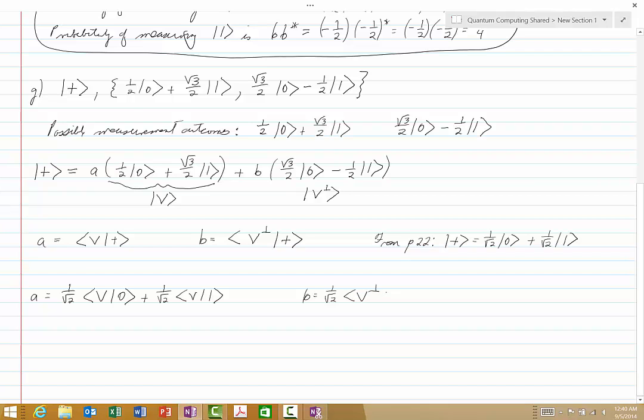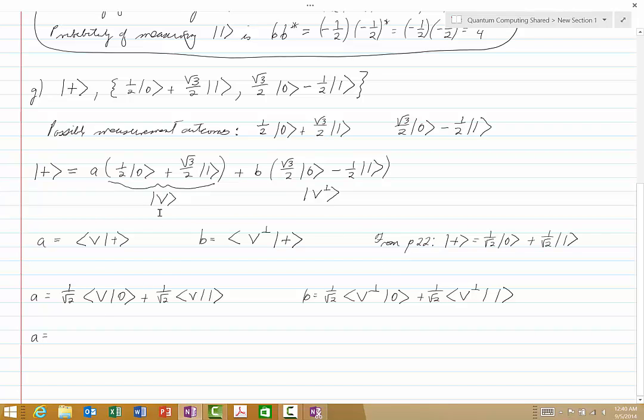the inner product of V orthogonal with 0 plus 1 over square root of 2 times the inner product of V orthogonal with 1. Okay? And now to evaluate these expressions, all we need to do is refer up here to this equation for the identity of V and V orthogonal, and we'll be done.